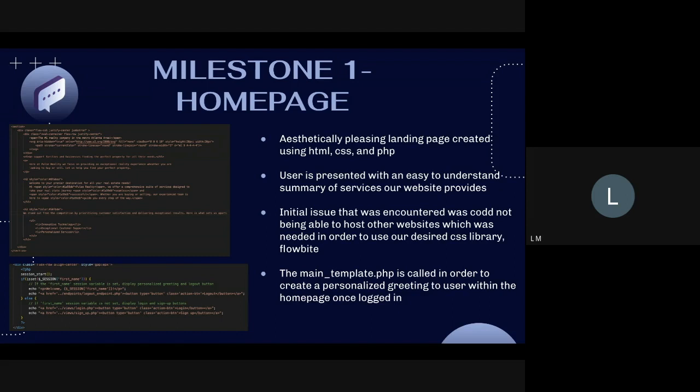In the second image below, you can see that this is done through PHP by assigning a session variable that calls the user's name once logged in to give them a greeting that is followed by their name. If they aren't logged in, then what's going to show for them is either the login or sign up. And then from there, they are moved to the login page or sign up page.